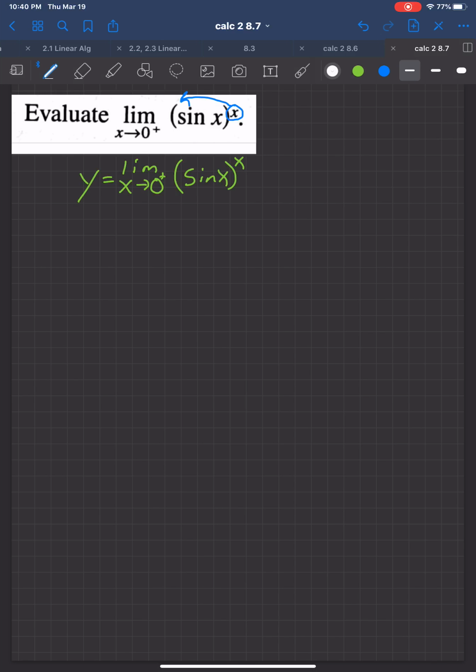Without too much of an aside, I'm going to go through the same procedure of taking ln of both sides. So now I have ln of y equal to the limit, keeping my limit on the outside of the ln, of ln of sine of x to the power of x.